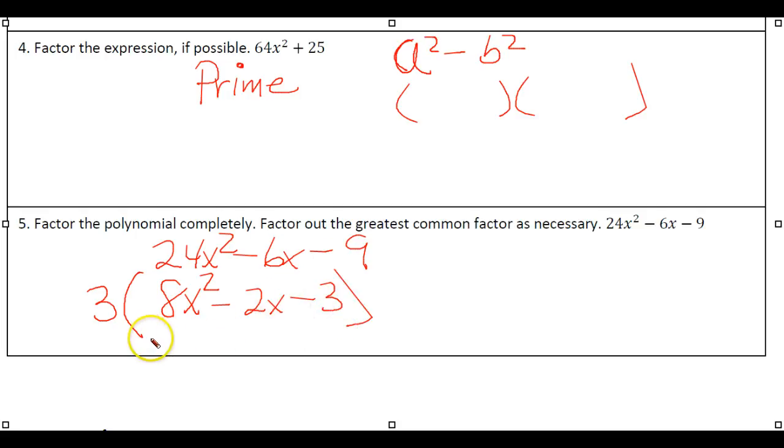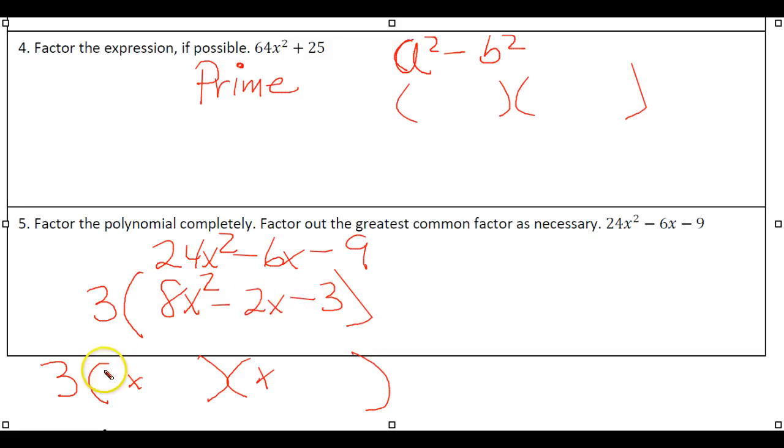And then I want to see if I can factor that a little bit. So I put the 3 out here, 2 sets of parentheses. Now as I look at these, remember I could put an 8x and a 1x there, but that's not usually the case, especially when these numbers are small.